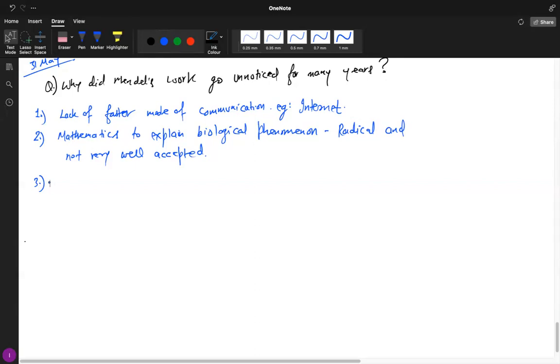Like Mendel was a scientist when he was proving all these things. So it's like he was a monk, he was not a scientist. So when Mendel was there, back then there were no degrees given to call you a scientist.